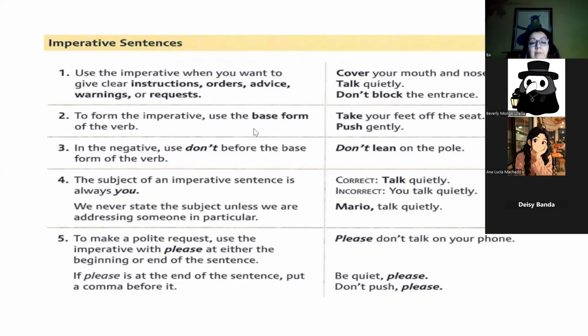Push gently. Ok, hay una regla, no sé si usted la conoce, que en inglés, a diferencia del español, nosotros nunca le podemos quitar el sujeto a la oración. ¿Verdad? Ustedes saben, siempre decimos I, you, he, she, it, or the name of the person. Okay? What makes imperative sentences different? ¿Qué hace que las oraciones imperativas sean diferentes de las demás oraciones?